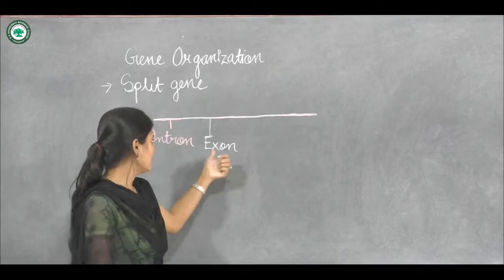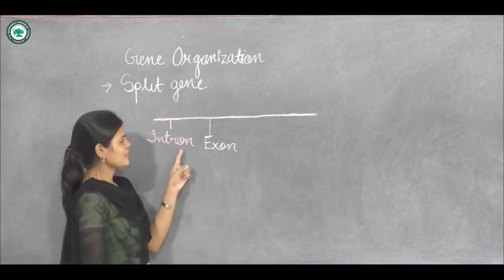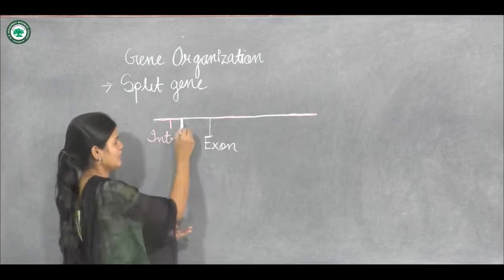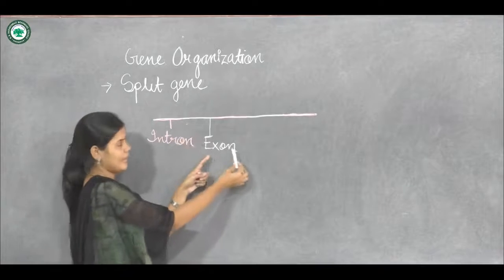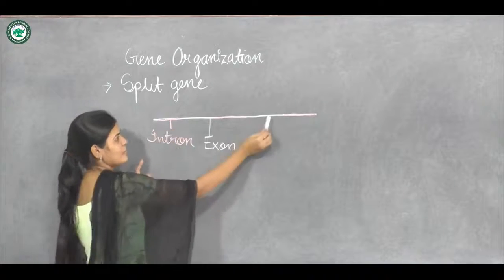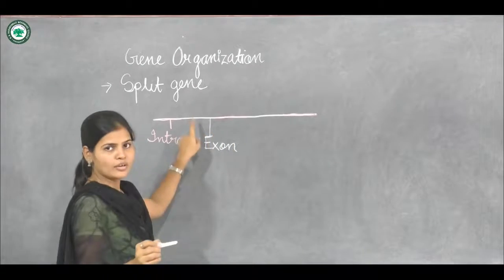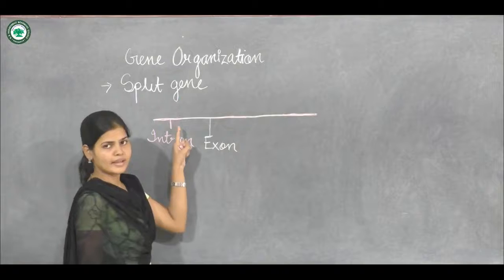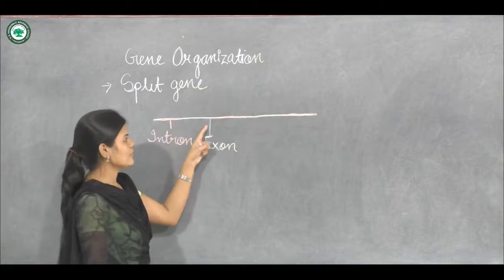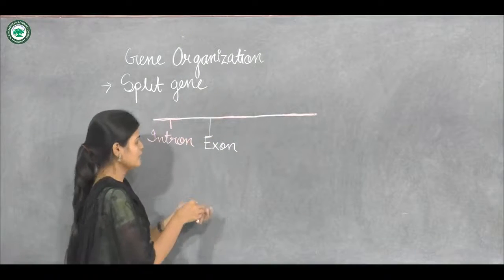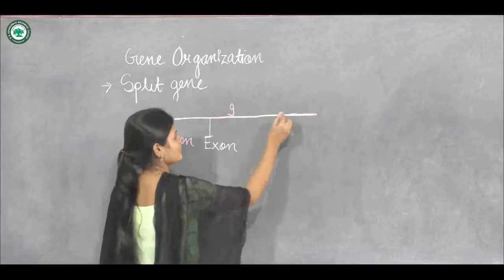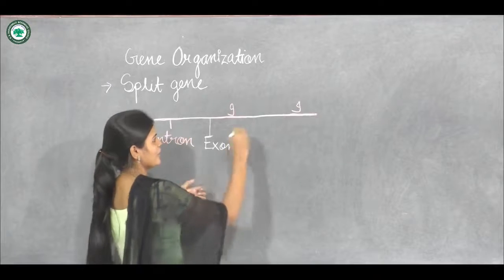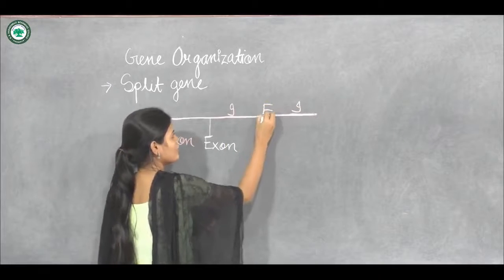Now what will happen? These introns are flanked by exons. So that is why it is called a split gene, because here there are introns, then there is an exon, then again an intron, and in between an exon is there.